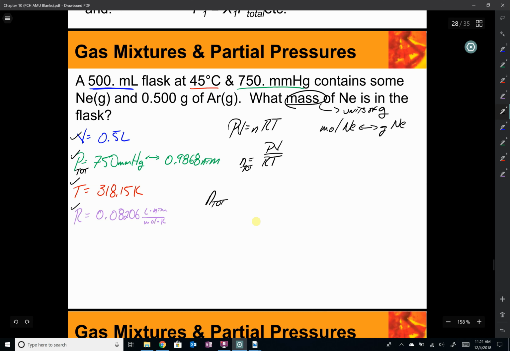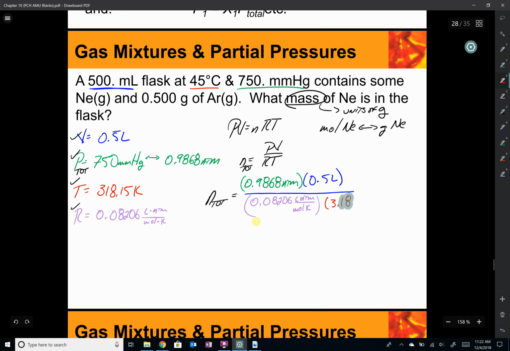So n total, the total number of moles of the system, is equal to 0.9868 atmospheres. That's the pressure from the total mixture that we have. 0.5 liters. So far, so good. R, 0.08206 liters atmospheres per mole Kelvin, and temperature.